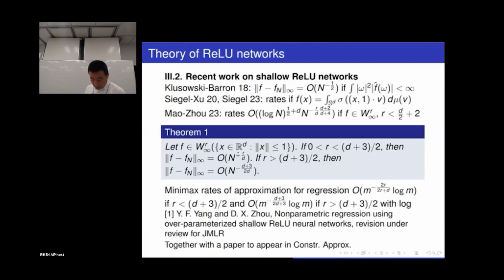We show that for really shallow neural networks, if the approximated function f belongs to the Hölder space with smoothness index r greater than 0, then if r is between 0 and (d+3)/2, the rate of approximation is the same as that of the classical theory, which is n to the minus r over d.